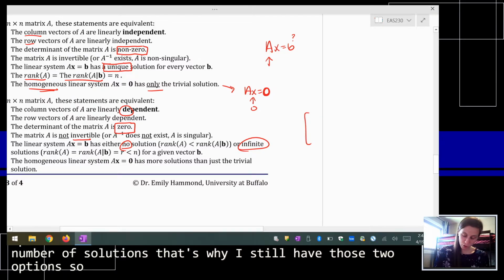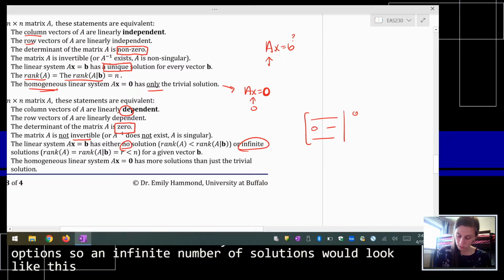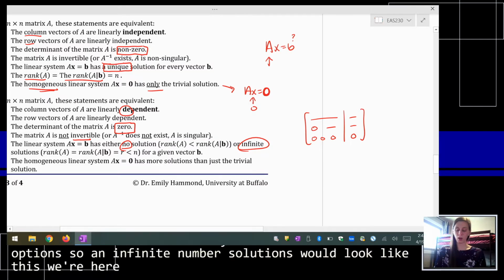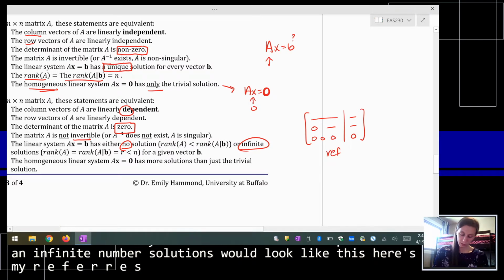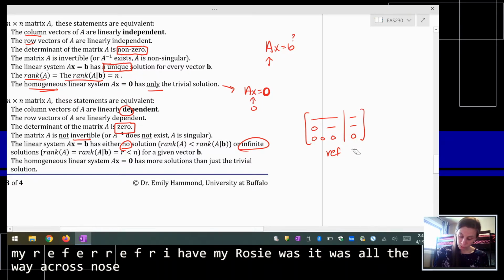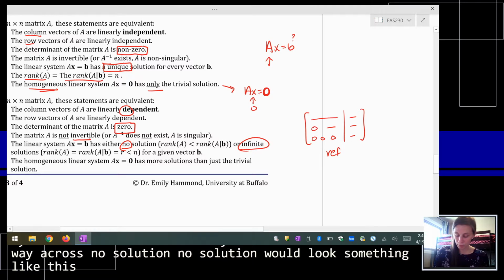So an infinite number of solutions would look like this. Or here's my RREF, or REF, where I have my row of zeros that goes all the way across. No solution would look something like this, where this is a number. Okay.